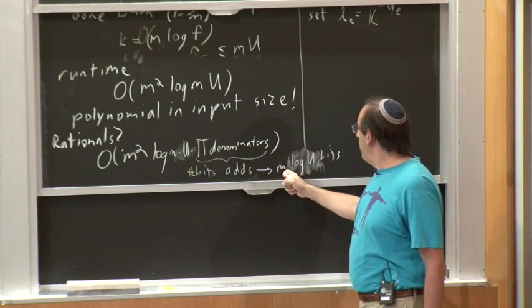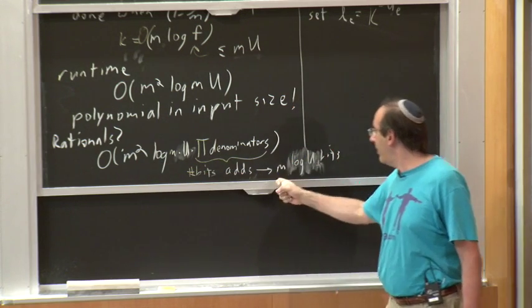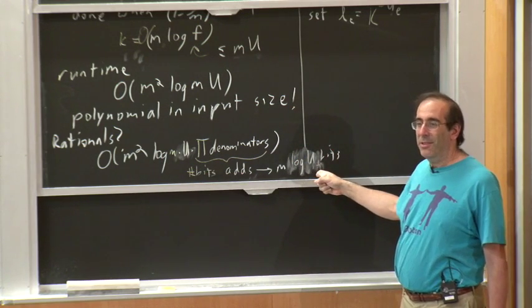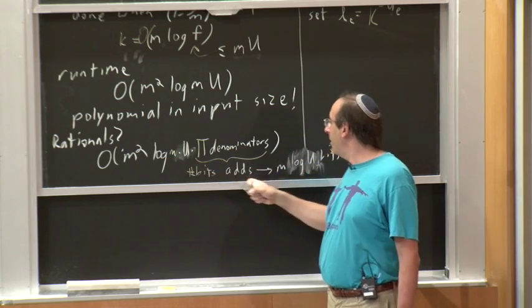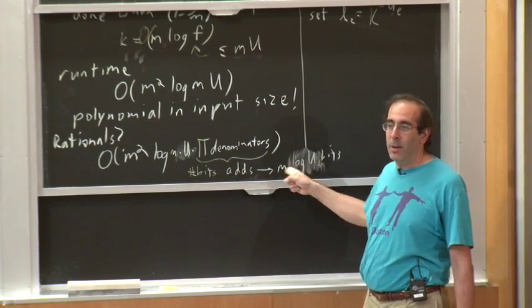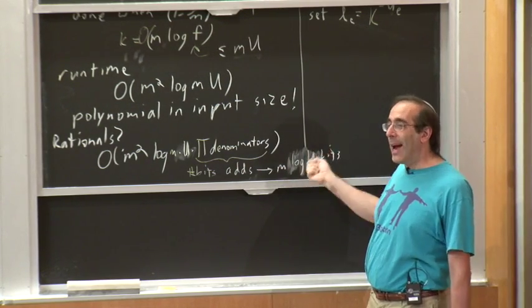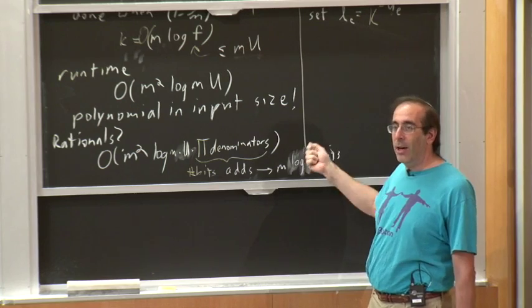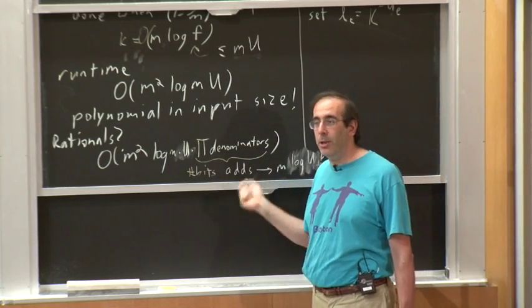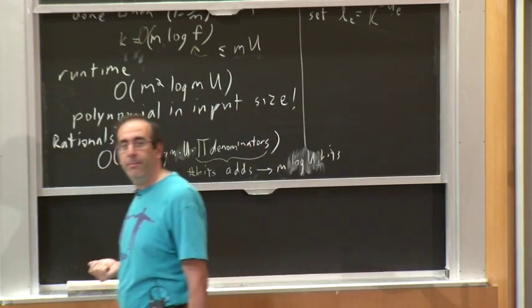And so that's a number, it's a big number, but the log of that number has value m times log of u. So because we're taking the log of this number, we get a polynomial value in the number of bits that were used to write down the numerators and the denominators. So even for rational numbers, you still have an algorithm whose runtime is polynomial in the number of bits that are needed to represent those rational numbers.